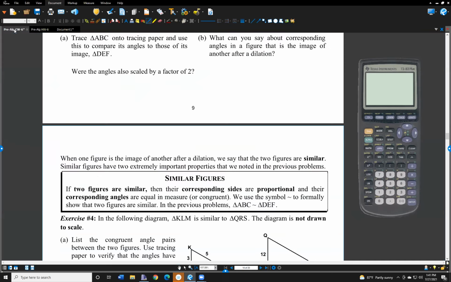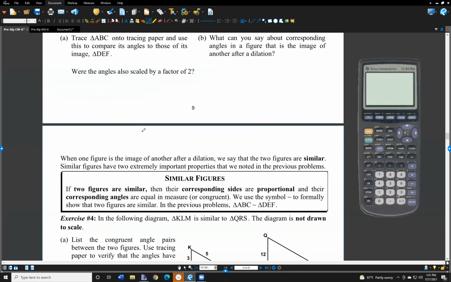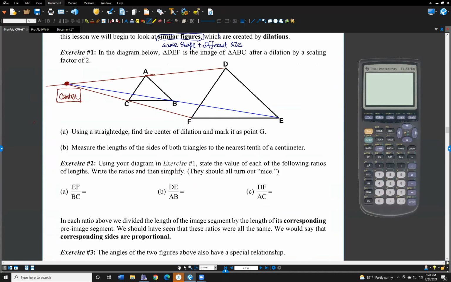It's on the same line. Okay, measure the length of the sides of both triangles to the nearest tenth, right?